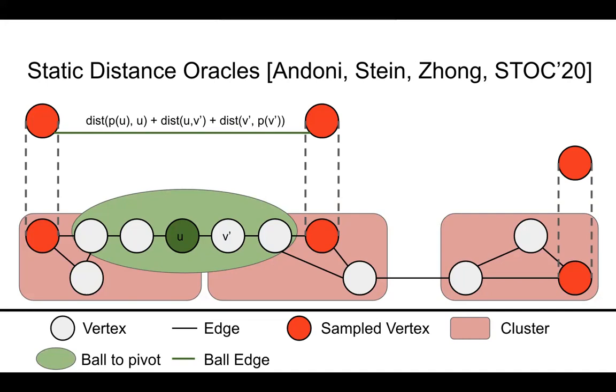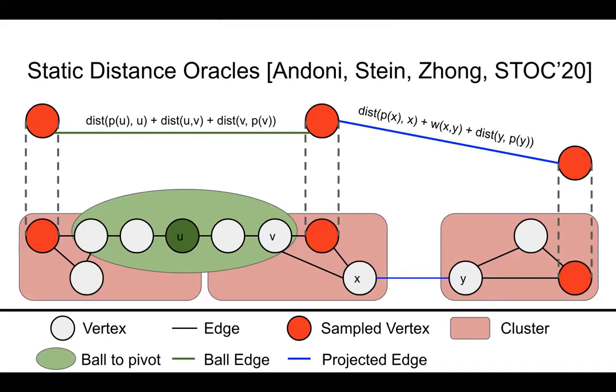Okay, so these are the ball edges, and then there's a second type, which we call the projected edges. A projected edge is just for every edge that you already have in the initial graph G, say an edge from x to y, which I drew in blue. You project it up to the pivots of the endpoints. So between the pivot of x and the pivot of y, you create an edge.